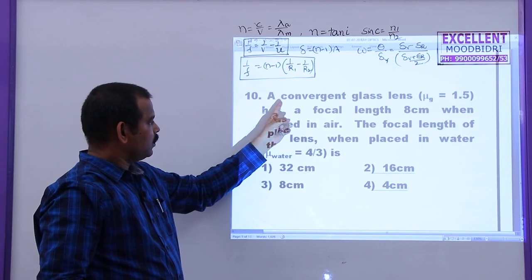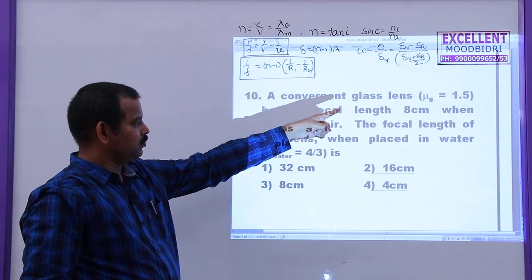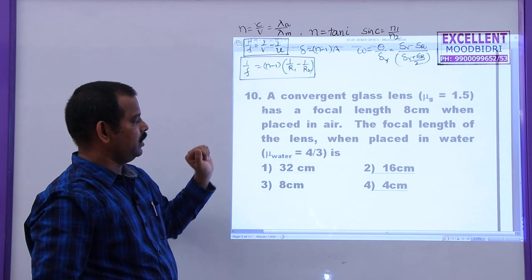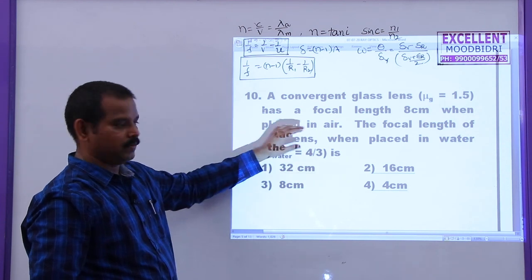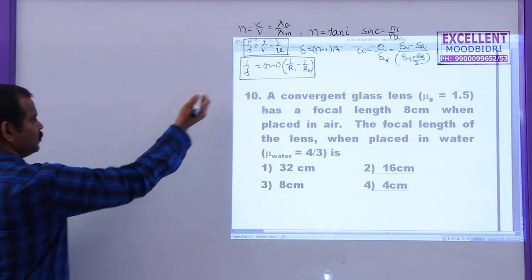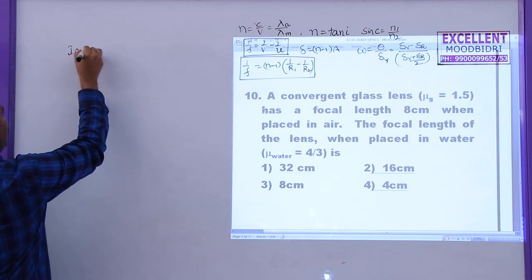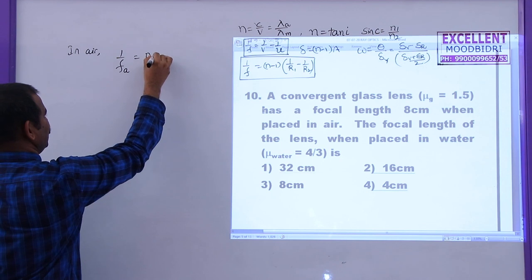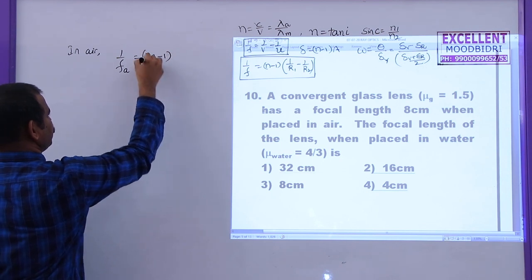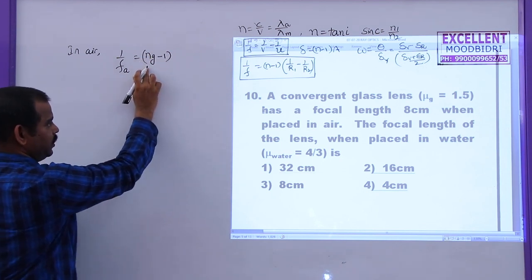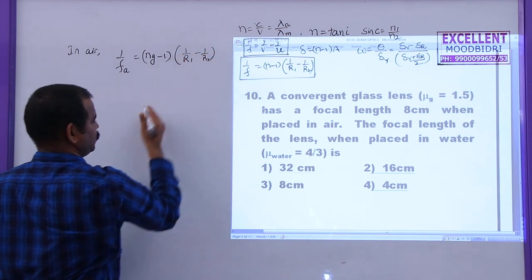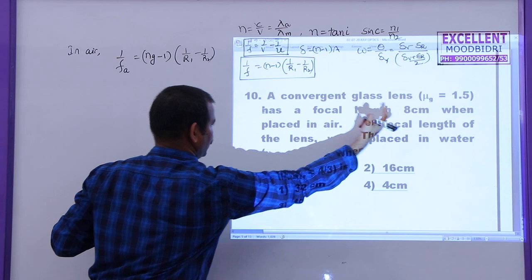A convergent lens of refractive index 1.5 has a focal length of 8 centimeters when placed in air. The focal length of the same lens when placed in water? So this one in air: 1 by f air is equal to refractive index of the material of the lens, which is made of glass, minus 1, into (1 by r1 minus 1 by r2). Focal length is given as 8 centimeters.